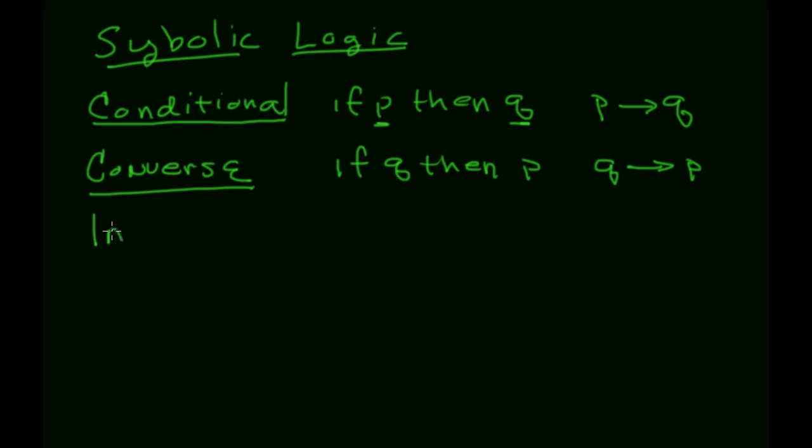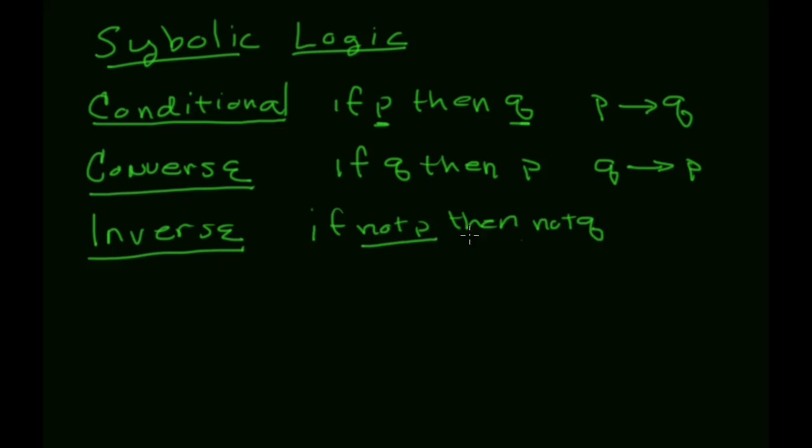The next one is what we call an inverse. If I take the inverse of the conditional, I say it is if not p, then not q. So now we've negated both the p and the q.